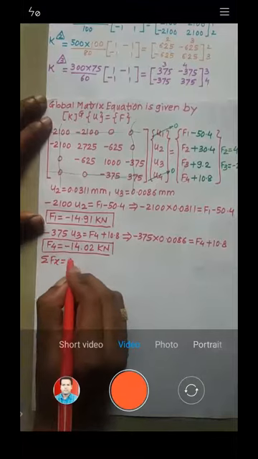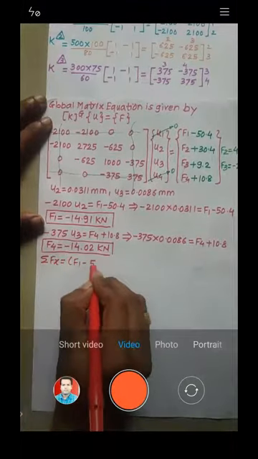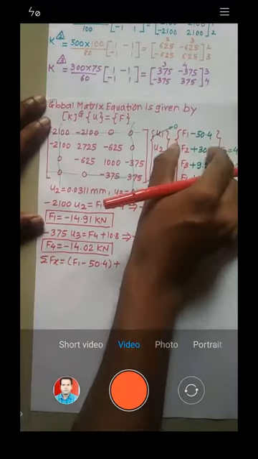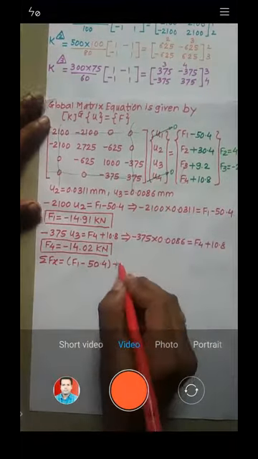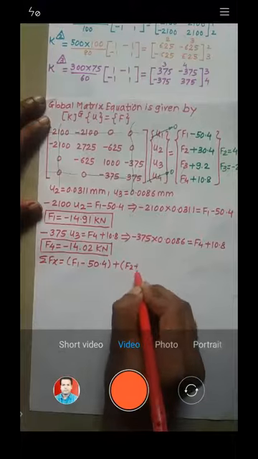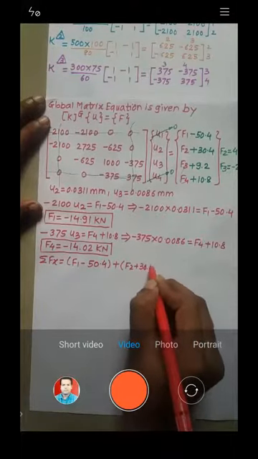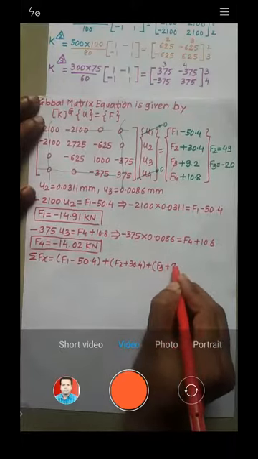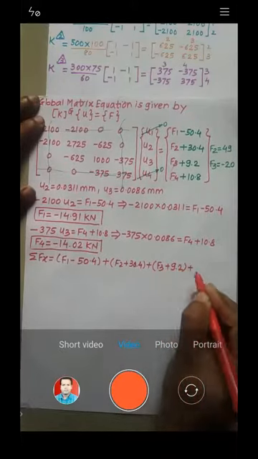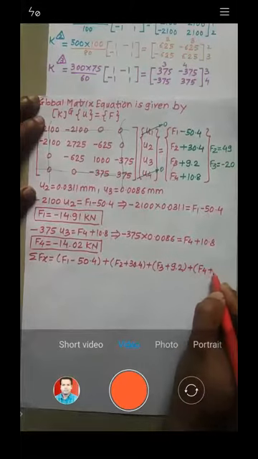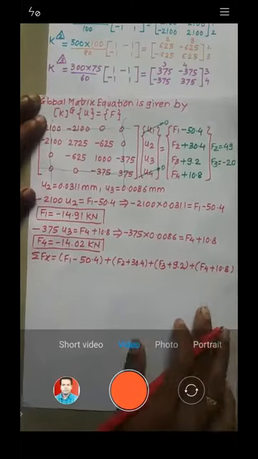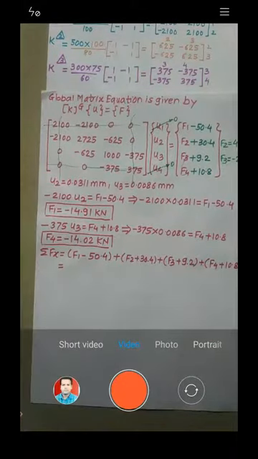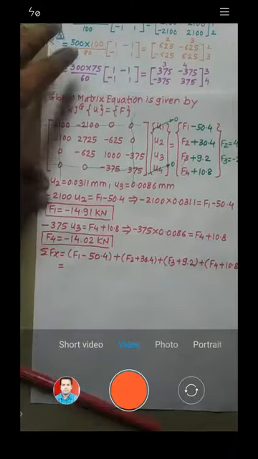So just add these terms: F1 minus 50.4, this entire term, plus F2 plus 30.4 plus F3 plus 9.2 plus F4 plus 10.8. So just take the addition of all these forces.